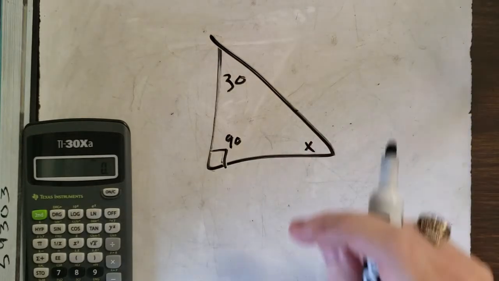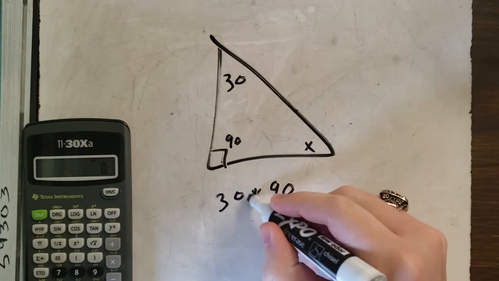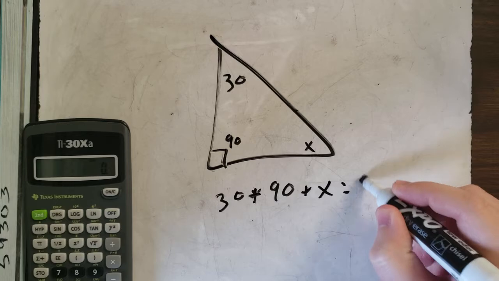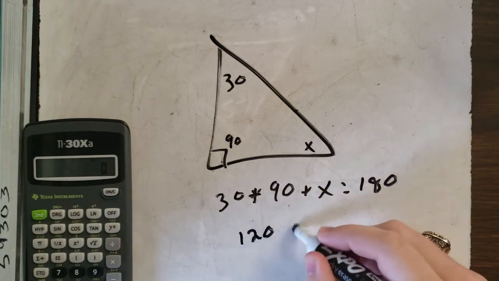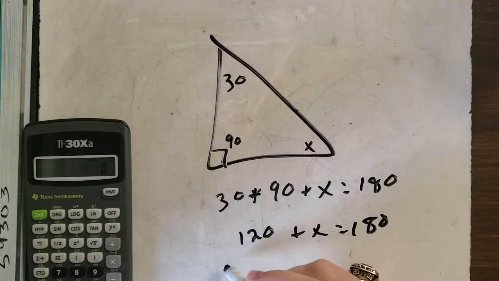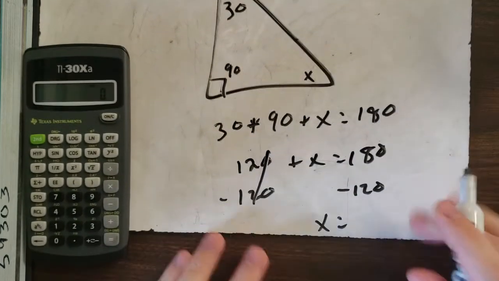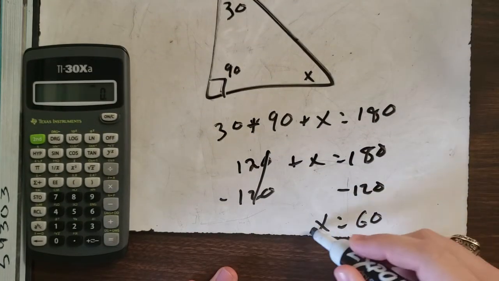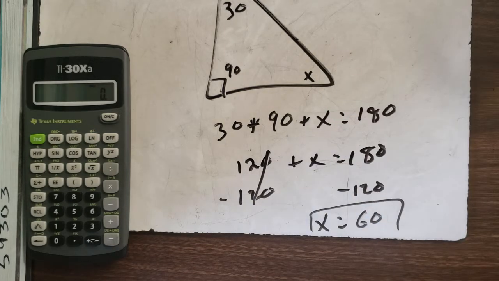So set it up: 30 plus 90 plus x equals 180. Add the two angles you have to get 120 and subtract it from 180 to get 60. And that's your missing angle. So add the angles you have, subtract from 180 to get your third angle. Simple as that. Basic.